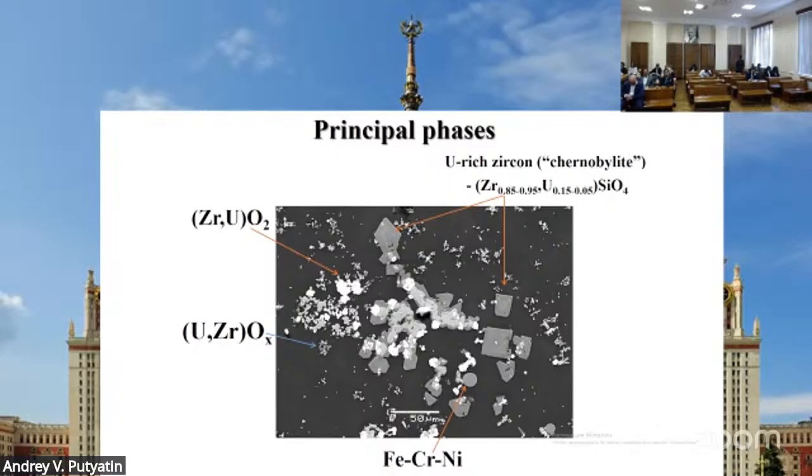You see droplets of molten steel. So droplets of molten steel indicate that the temperature of this melt was definitely higher than 1500 C for quite a prolonged period of time.